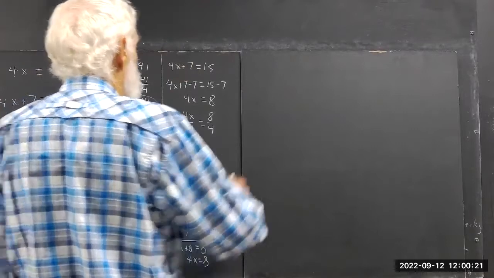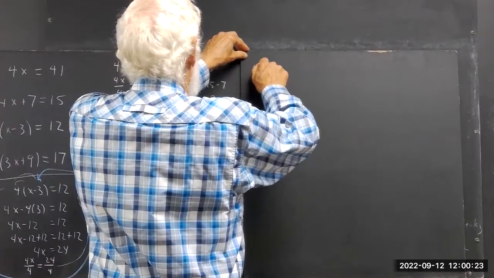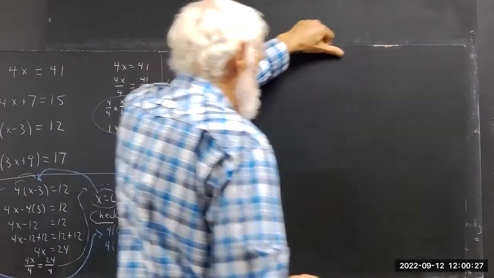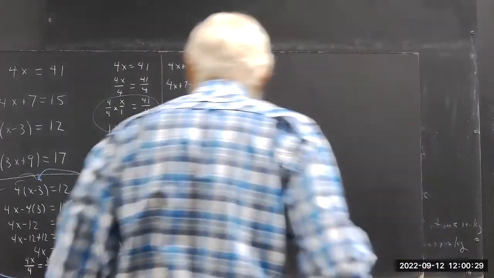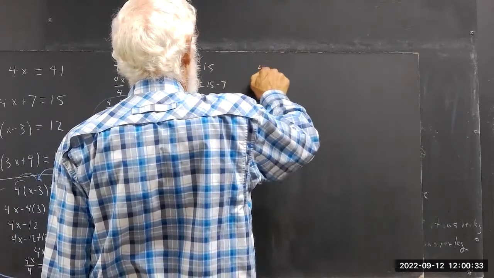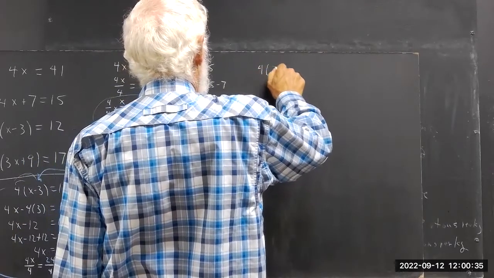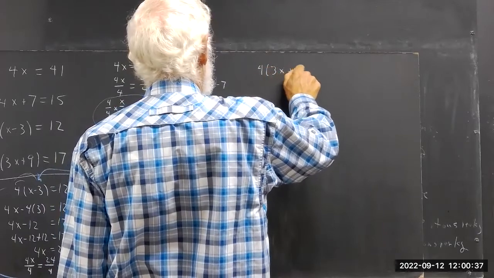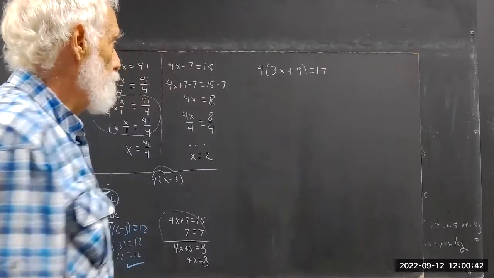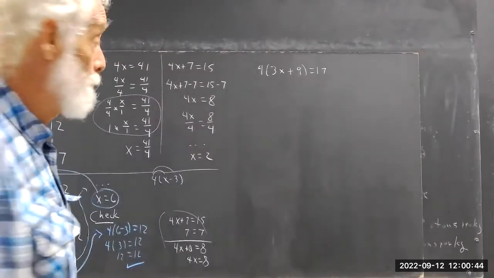Okay. Now let's do the next one here. 4 times 3x plus 9 equals 17.